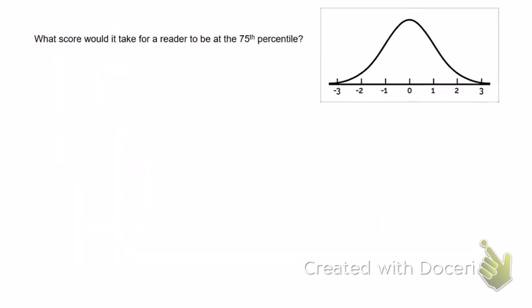Last problem here. What's it going to take for one of these kids to read at the 75th percentile? Well, I know this is 125, and I know right here is 149. I know this is the 84th percentile, and this is the 50th. So we're talking somewhere in here.